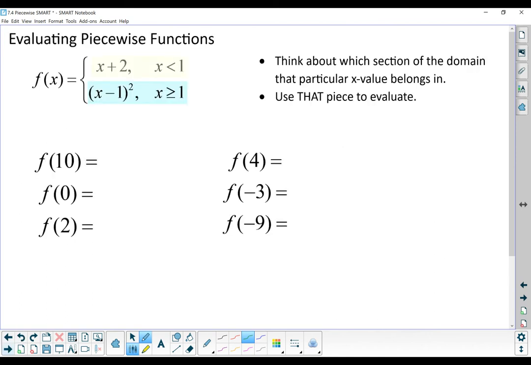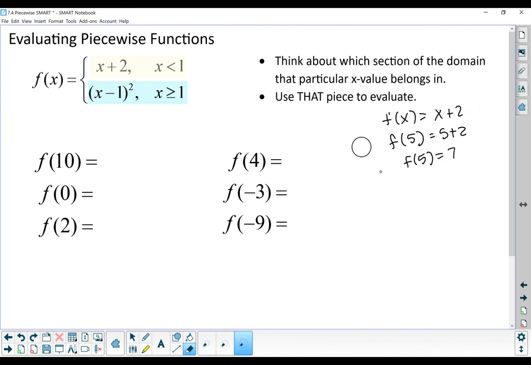Okay, so we're going to evaluate some piecewise functions now. When we're evaluating, we want to sub an x value into the function. So if I wanted to evaluate f of x equals x plus 2, I would just sub in that number. The trick with piecewise functions is that because you have more than one part, you don't sub x into both parts.